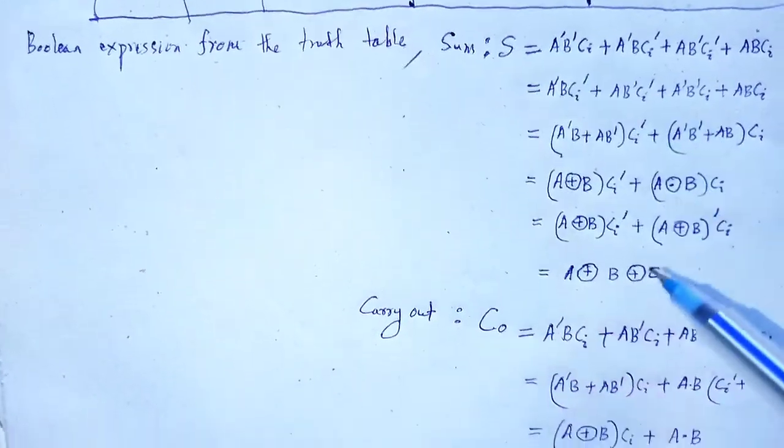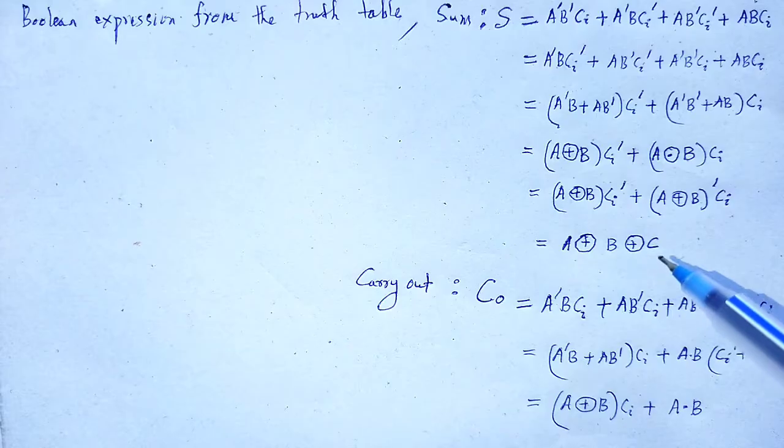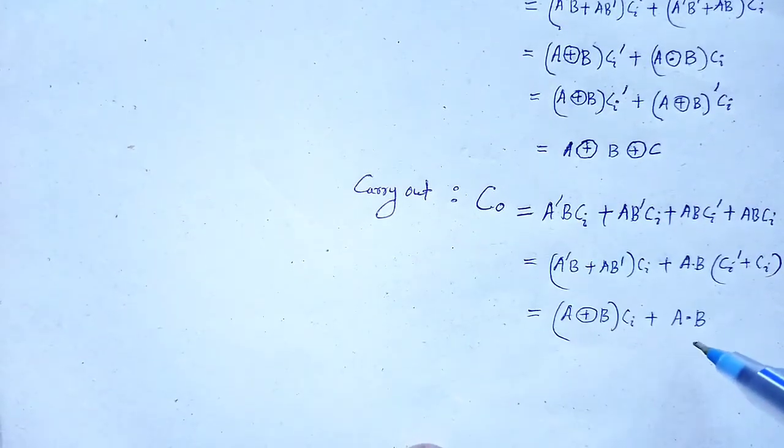So for sum, that one is the Boolean expression. For carry out, that one is the Boolean expression.